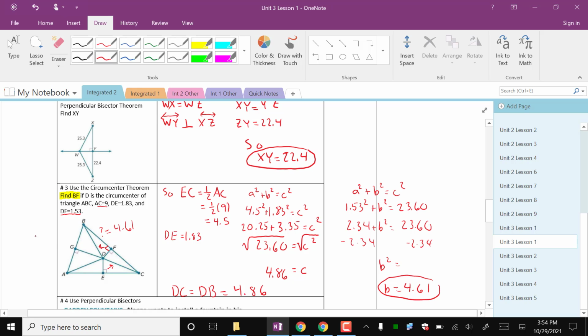So I'll put that right here. BF is 4.61. And then I'll highlight that up. And then this one is going to be 62.12.